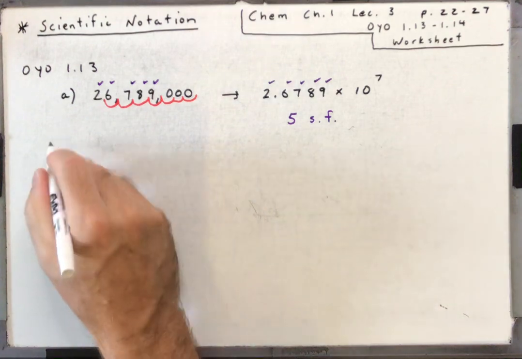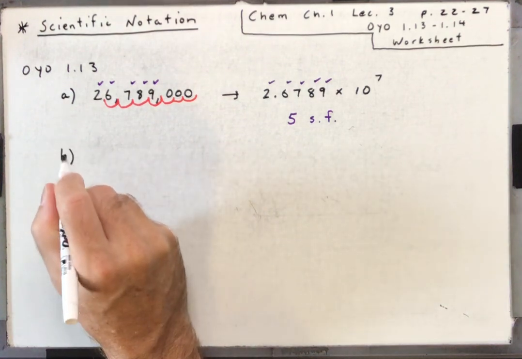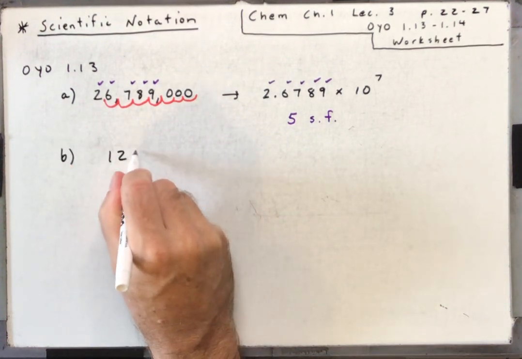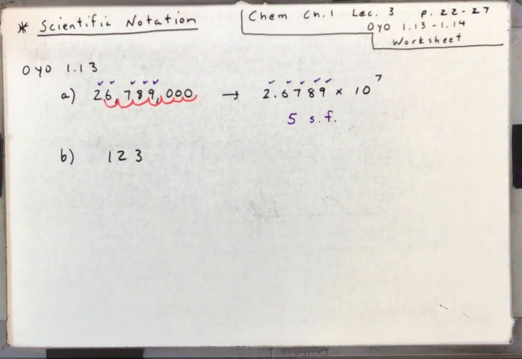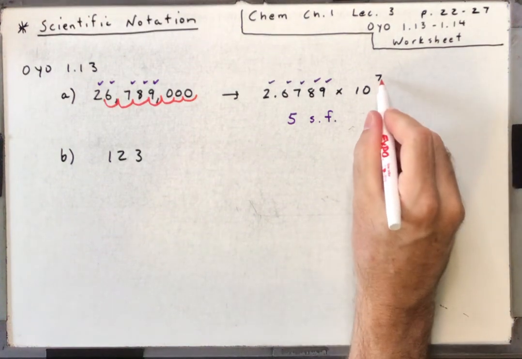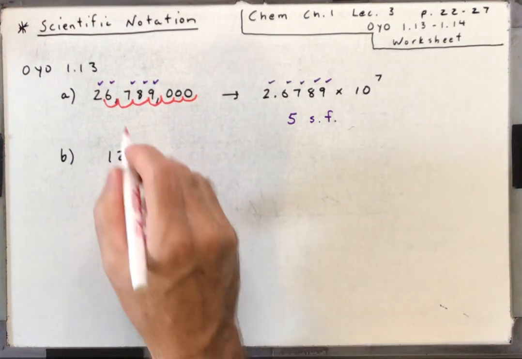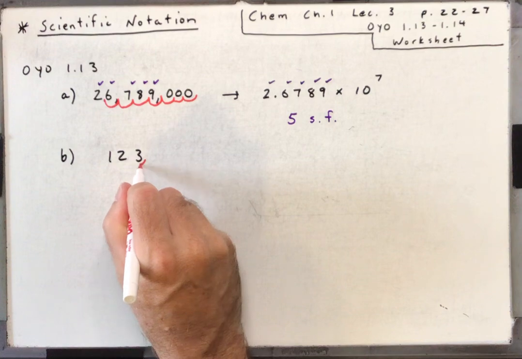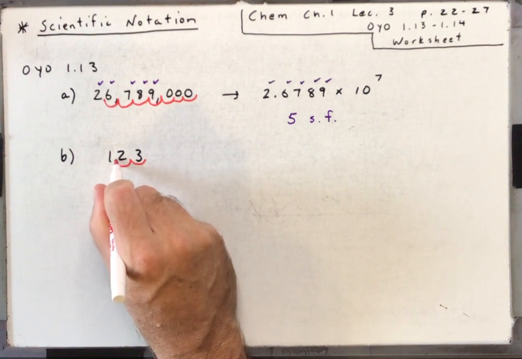All right, let's take a look at B. So that's 123. So again, we're at a number greater than 1, so our exponent's going to be positive. If you're greater than 1, your exponent will be positive. We start here at the end, and we're going 1, 2 places.